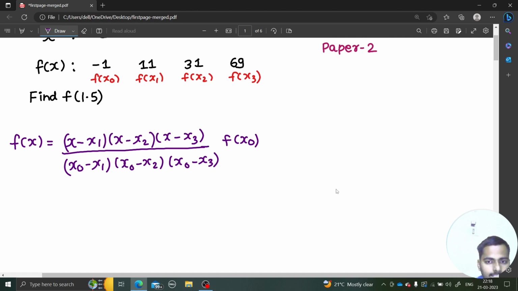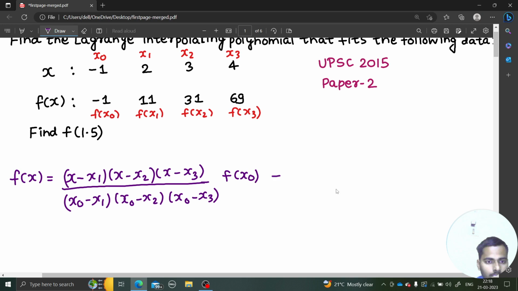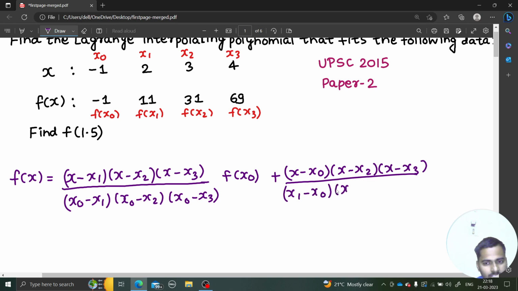So for this next one, from x subtract everything except x1. So x minus x0, x minus x2, x minus x3. And from x1 subtract the same things which are there in the numerator. So x1 minus x0, x1 minus x2 and x1 minus x3. And obviously this will be multiplied by f of x1.